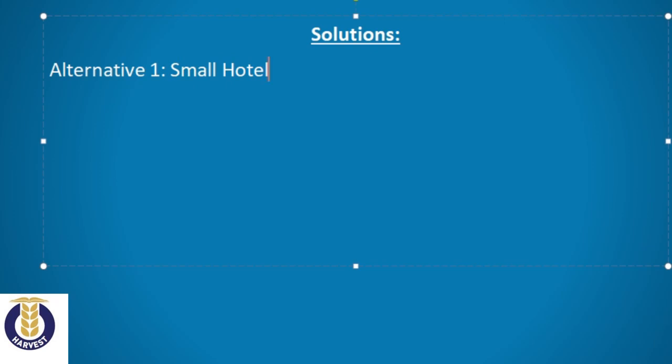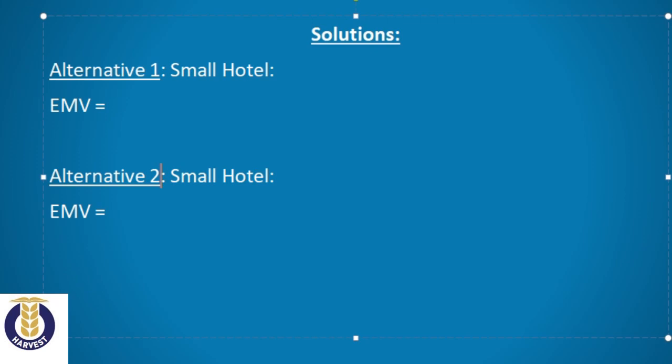That is what we are told. So as per the method, we have to look for the expected monetary value. Alternative 2 is the large hotel, so you have to look for the expected monetary value of the large hotel.